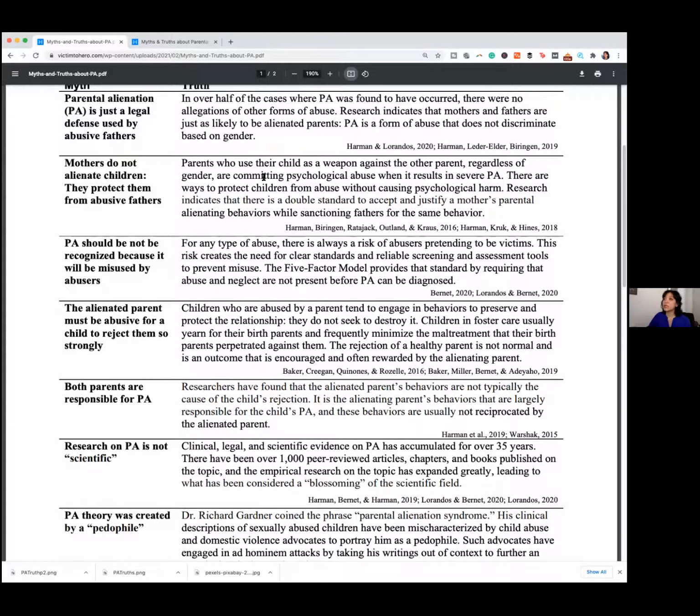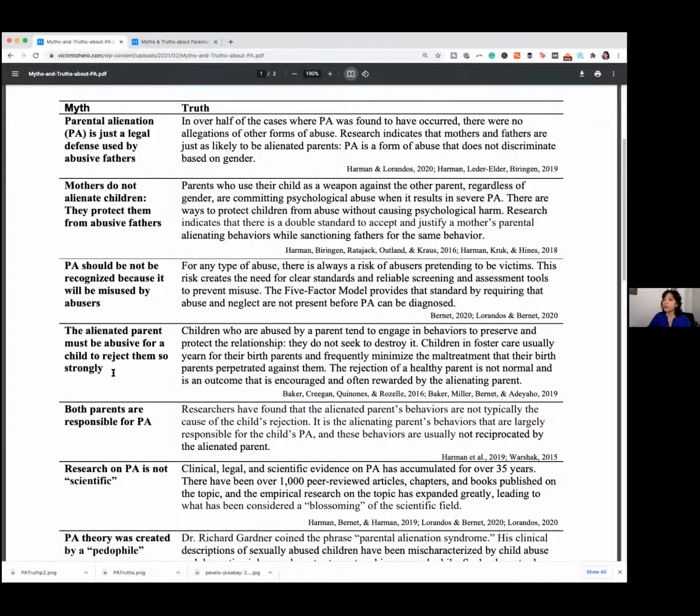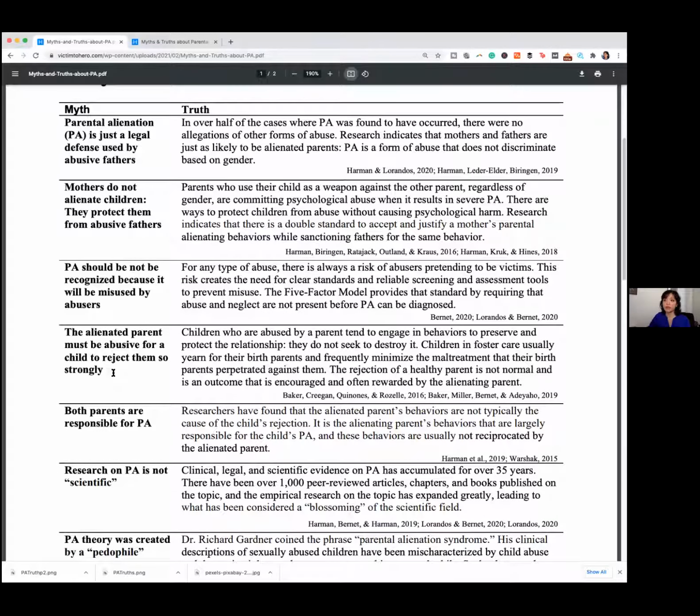So, okay, the next point is that the alienated parent must be abusive for a child to reject them so strongly. A lot of the time, in severe cases of parental alienation, the children will strongly reject the alienated parents, the target parents.